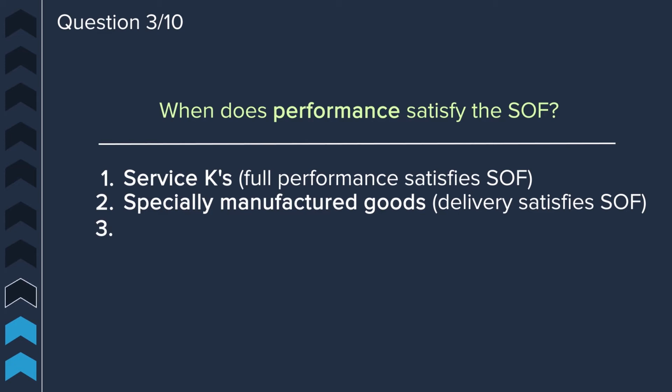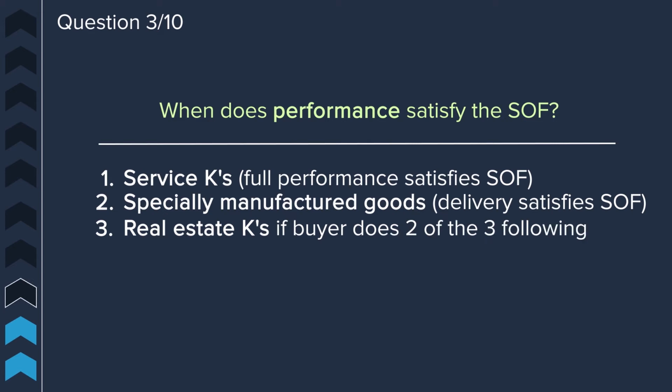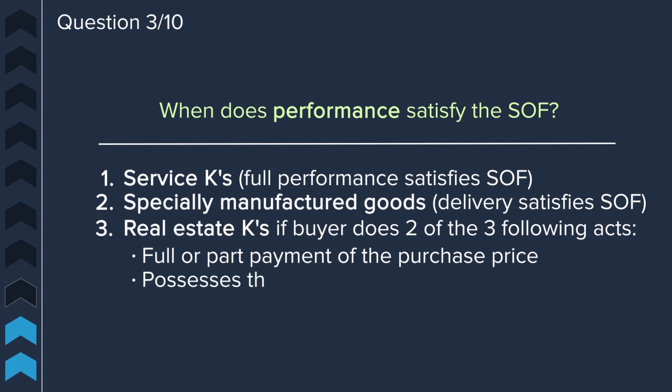And then also for real estate contracts if the buyer does 2 of the 3 following acts: either fully or partially paying the purchase price, possessing the property, or improving the property. If 2 out of those 3 things are done, then performance has satisfied the Statute of Frauds.